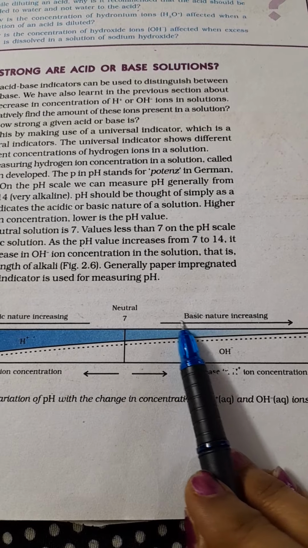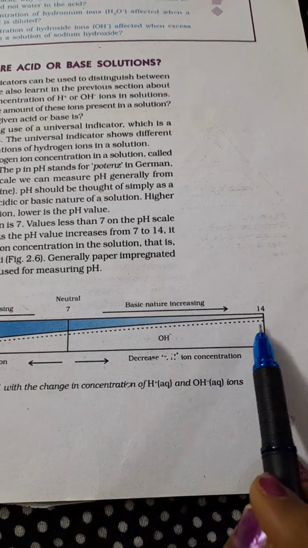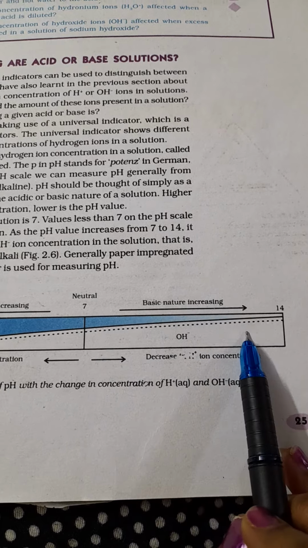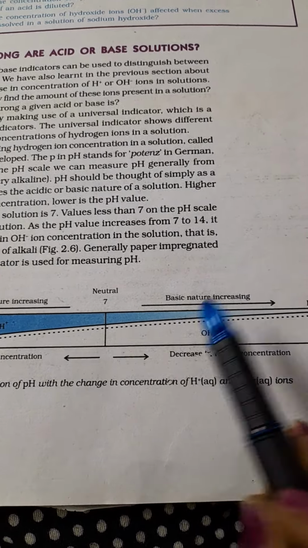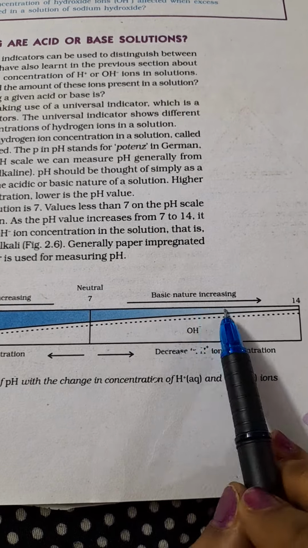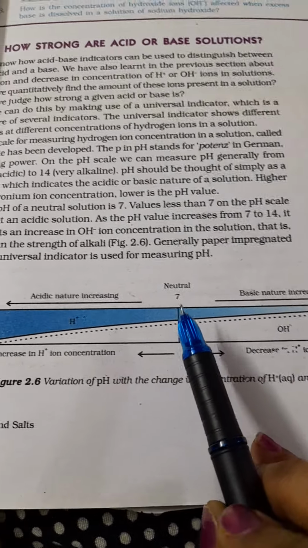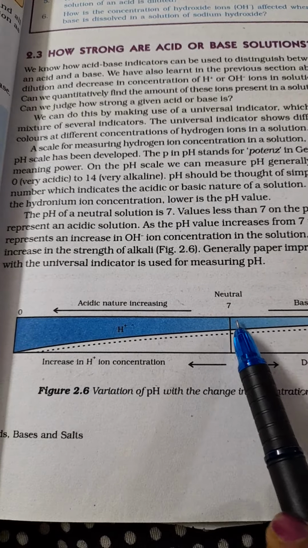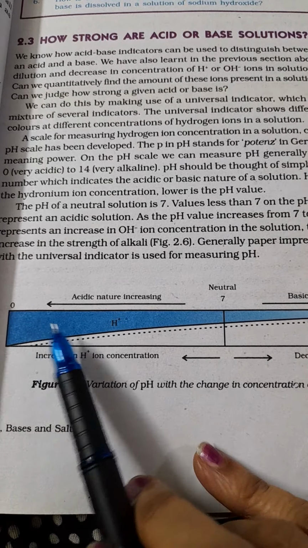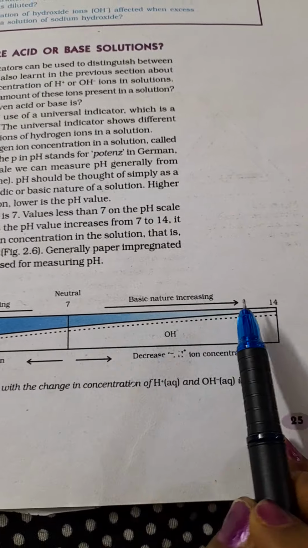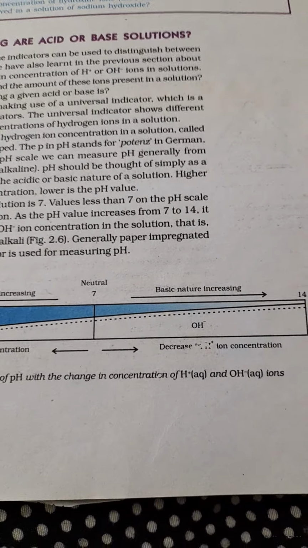After 7 to 14, basic nature will increase and acidic nature will decrease. And from 0 to 7, acidic nature will increase.